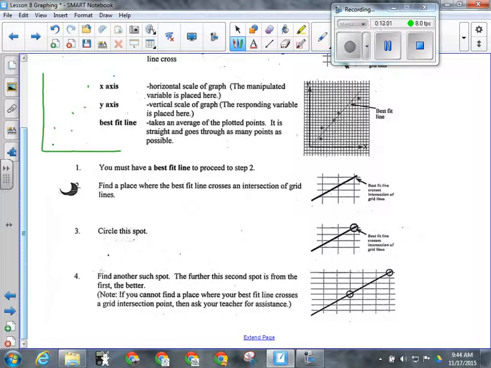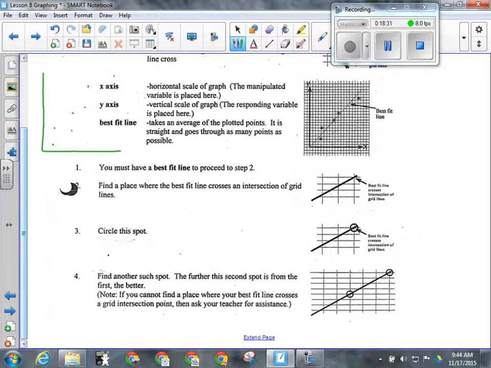In math, they'll sometimes tell you should have the same number of points above and below. While that's an okay guideline, I don't like it as a hard and fast rule, because sometimes that doesn't actually follow the trend of the points. What do my points in general do here? They're going up. So my best fit line should go up, not straight up, but diagonally upwards. Where should it start?